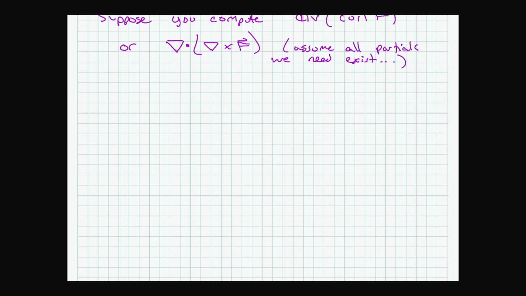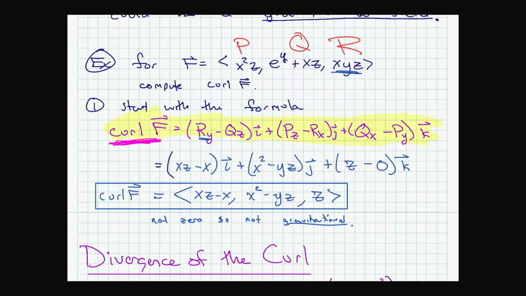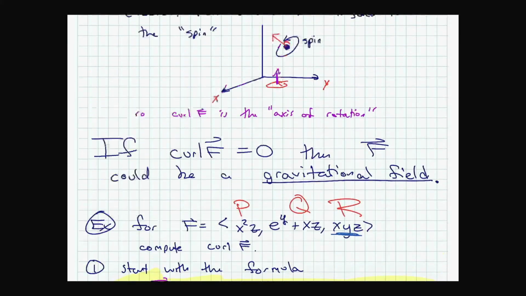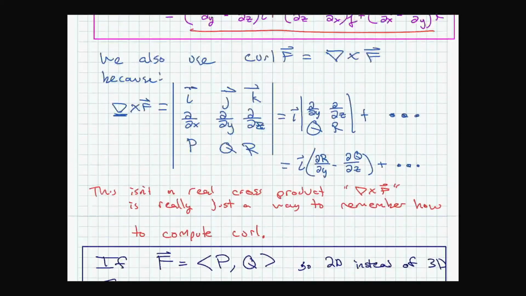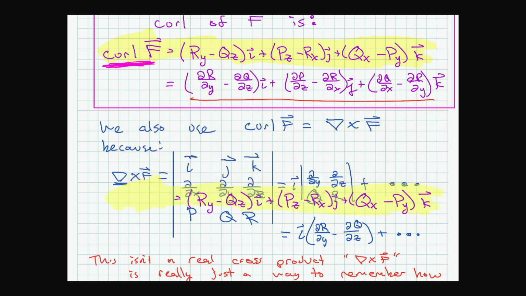Okay, so let's do that. Divergence of curl of F. So we're doing the divergence of curl F, which is the divergence of, what's curl F? Here, duplicate it.